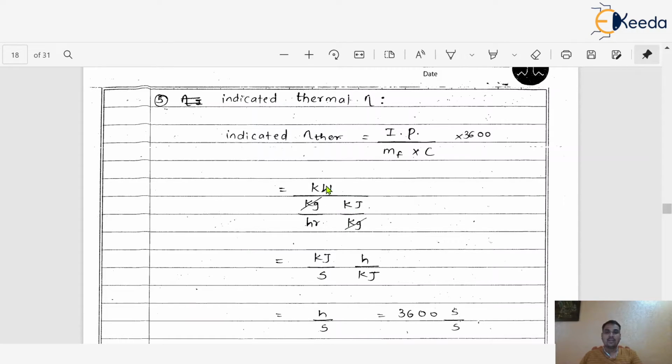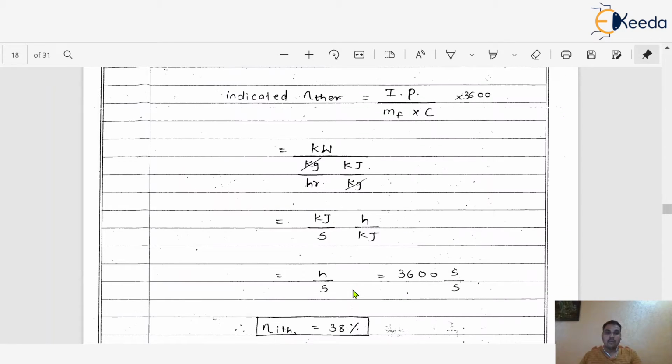The watt is nothing but joule per second, so we can write kilojoule per second instead of kilowatt. And the kilojoule per hour, when it comes to the numerator, gives hour divided by kilojoule.